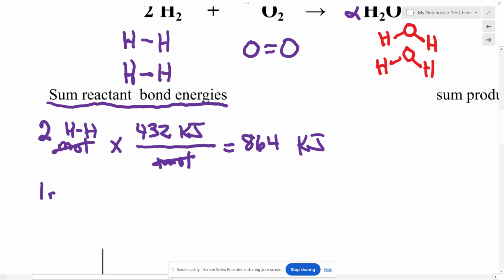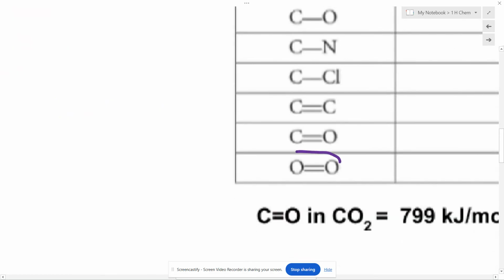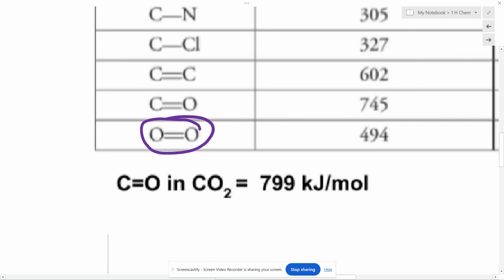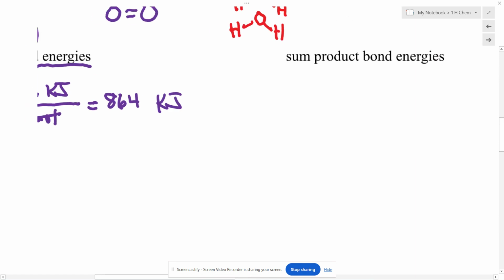We have 1 mole of these oxygen single bonds. You have 1 mole of those. And we're going to look that up on the chart here. And we have to look for the oxygen and oxygen that are involved in a single bond. And that's 494 kilojoules per mole.